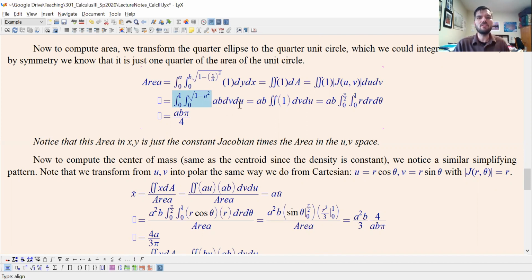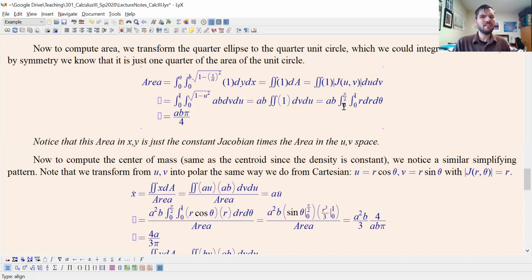So we immediately translate that integral into polar coordinates, using the same polar transformation. It's like the u and v never happened. We factor that ab out, then transfer into polar, integrating over that quarter circle from 0 to 1 and 0 to pi over 2.